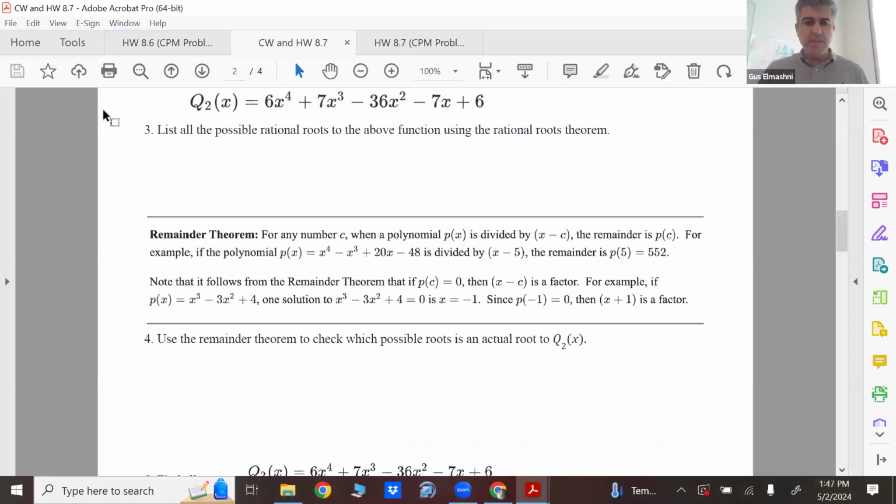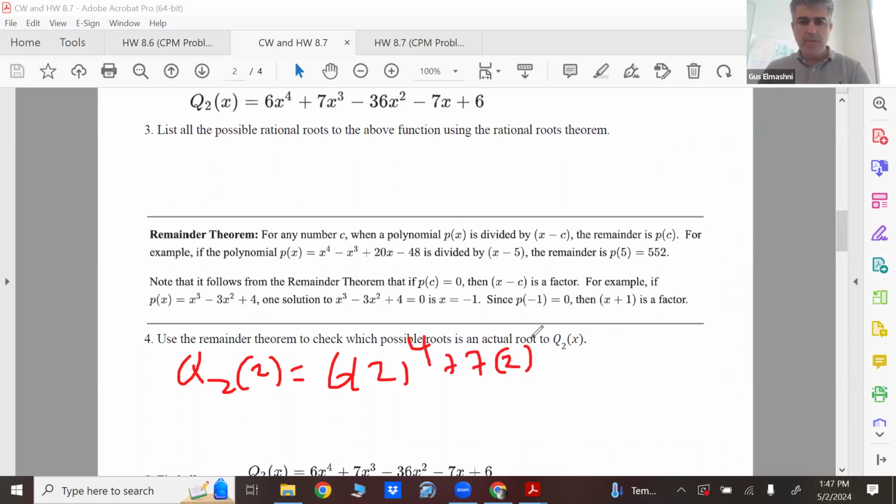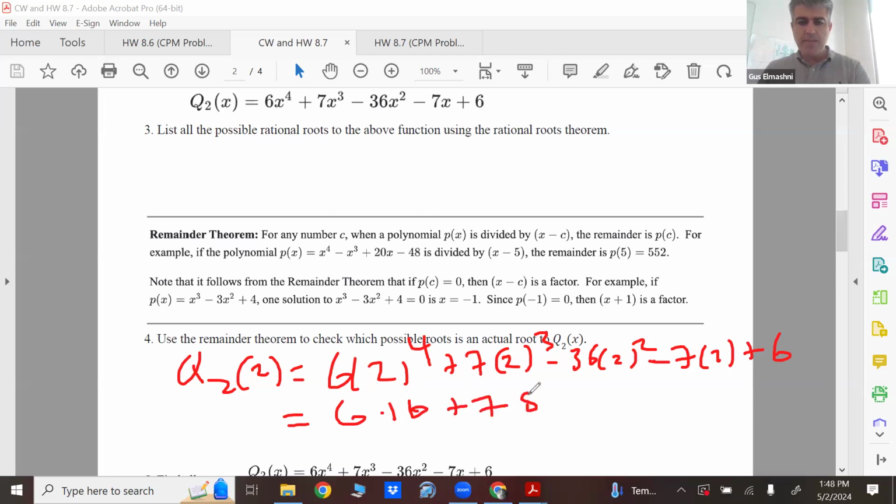So what this means is that if I were to plug 2 into this and work all that out, mind you, you'd have a calculator: 6 times 16 plus 7 times 8 minus 36 times 4 minus 14 plus 6.